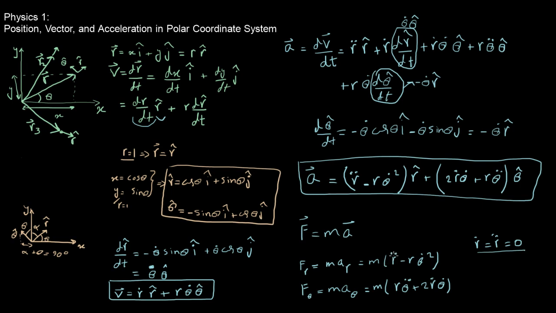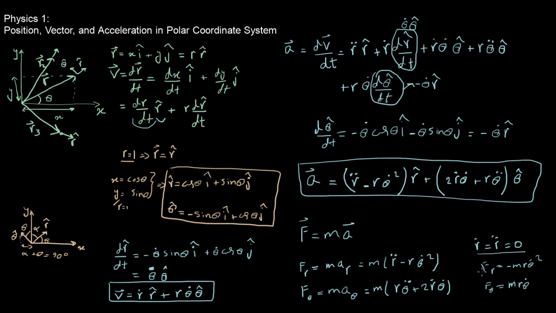Then for that case, Fr is minus m r theta dot squared, and F theta is m r theta double dot. In the next videos, I will use these two equations to solve some circular motion problems.